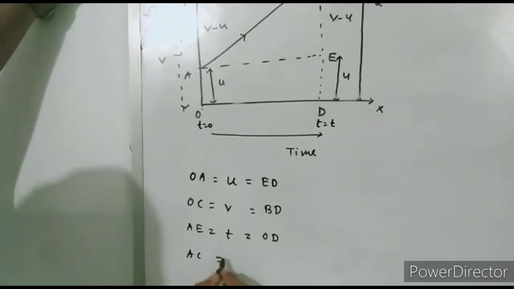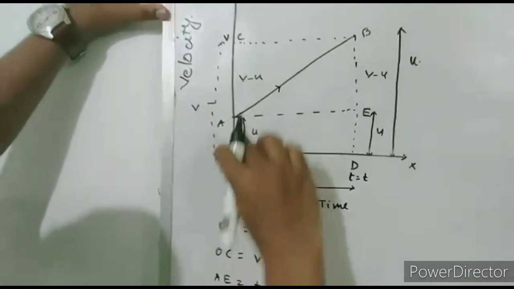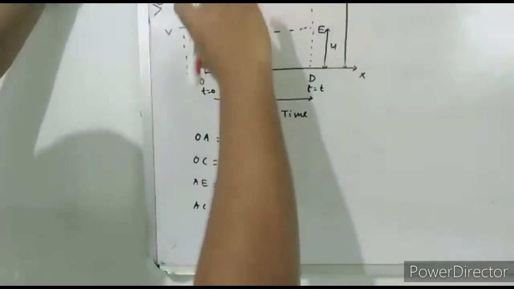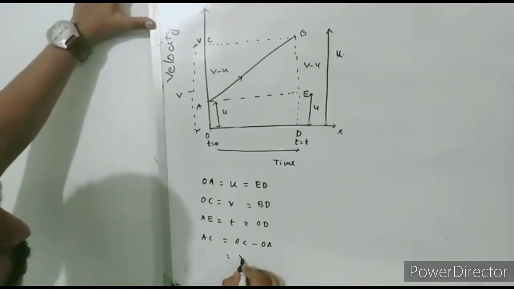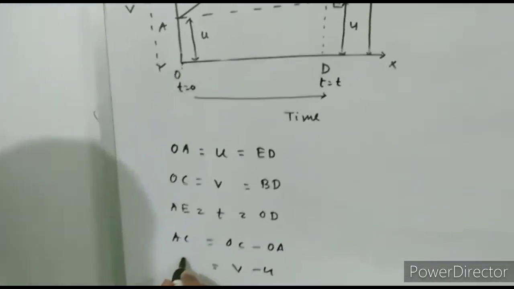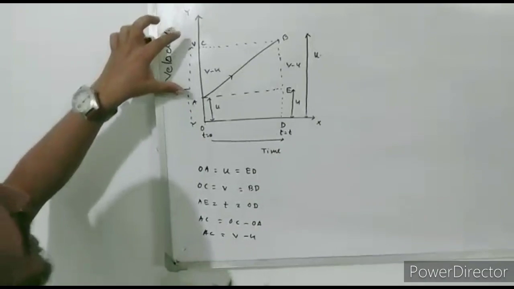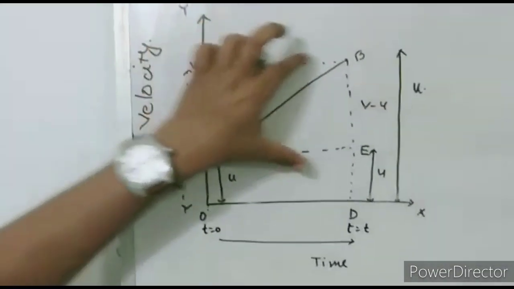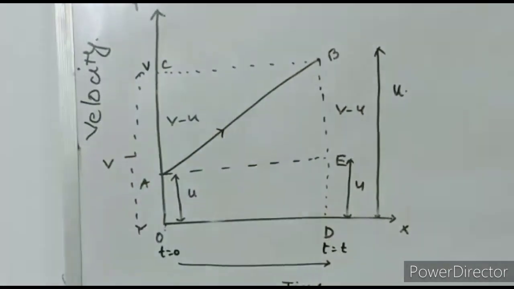If you subtract OA from OC, you get the result. OC equals v and OA equals u, so AC equals v minus u. These two segments are parallel to each other, so the value of BE is also v minus u.